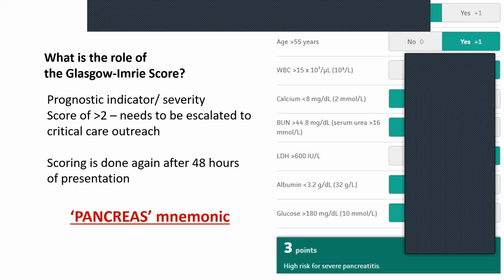With a score of above 2, the patient often needs to be escalated to critical care outreach, and you often need to rescore 48 hours after their initial presentation. A really useful mnemonic is PANCREAS, and it's really easy: you can go on MDCalc or just download the app on your phone to quickly do the scoring for this patient.